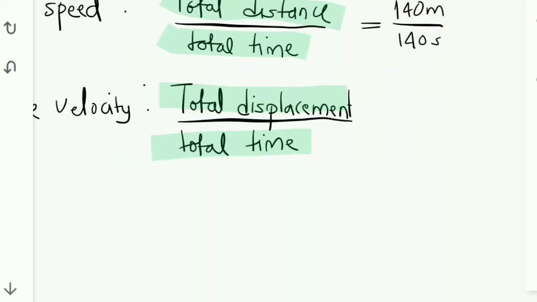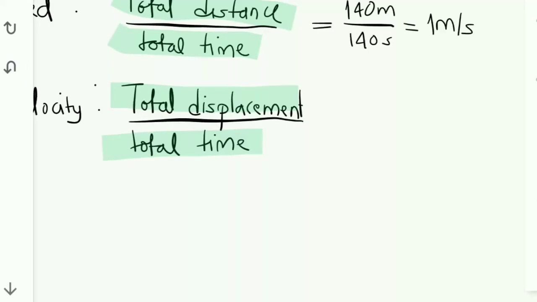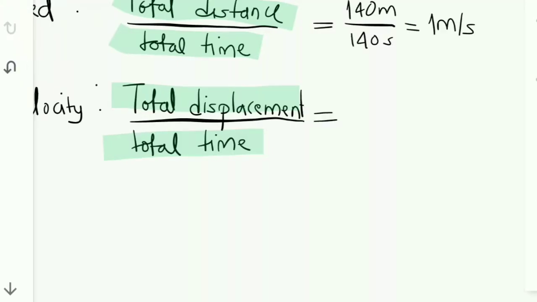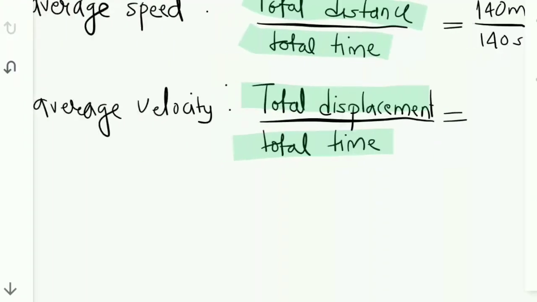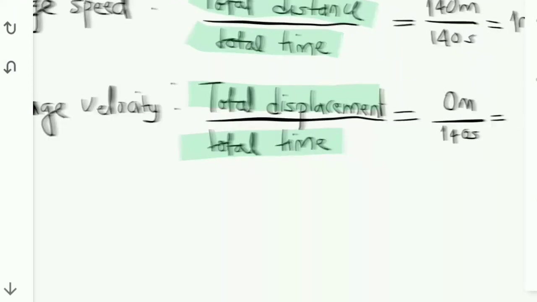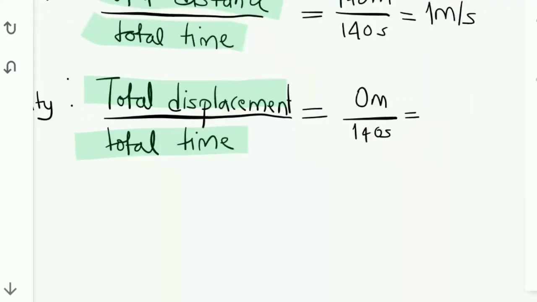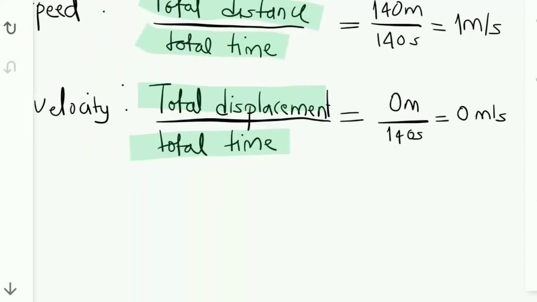So average speed would be, correct, 1 meter per second. And what would be average velocity? 0 meters divided by 140 seconds, which is equal to 0 meter per second. That is correct. Velocity would be 0. Why? Because total displacement is 0.